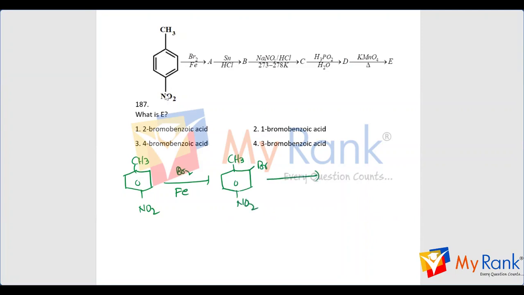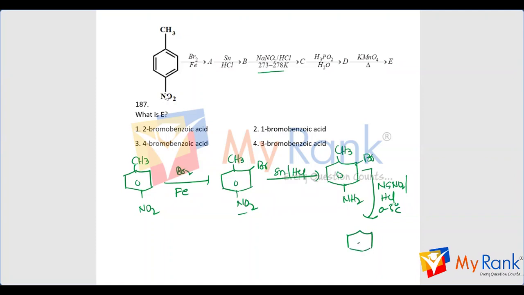Next one, Sn/HCl. When Sn/HCl is taken, NO2 is reduced to NH2, aniline, with the bromine retained. The next one, NaNO2/HCl, is the diazotization reaction at 0 to 5 degrees centigrade, which is 273 to 278 Kelvin, both are the same.